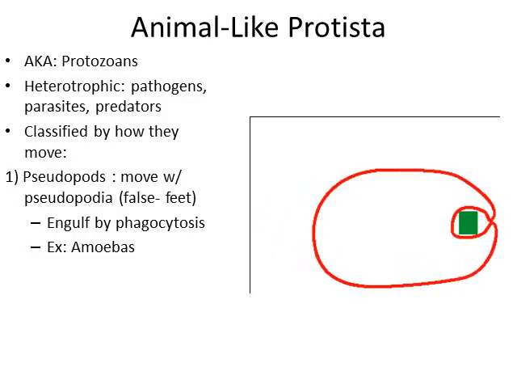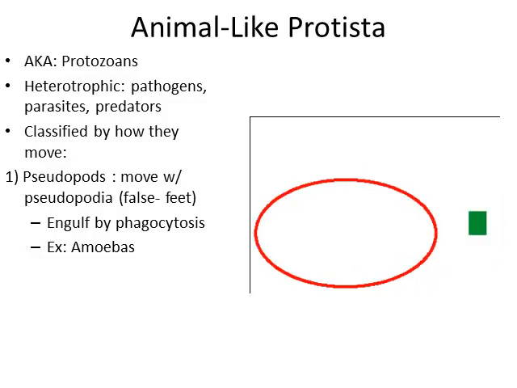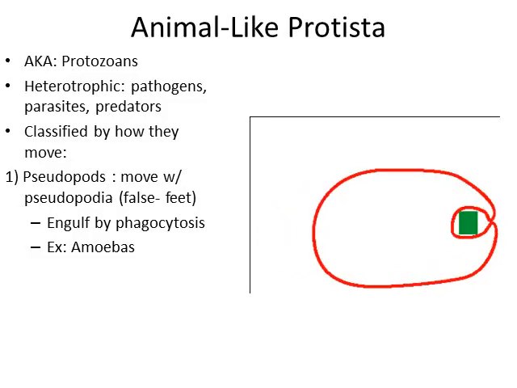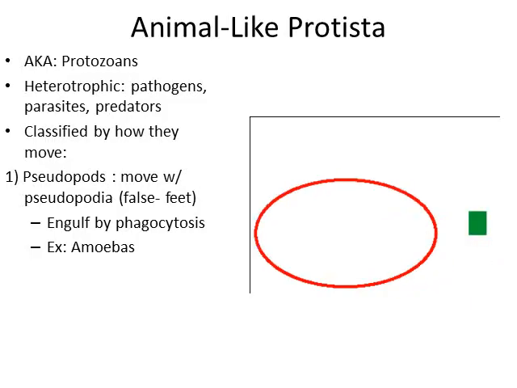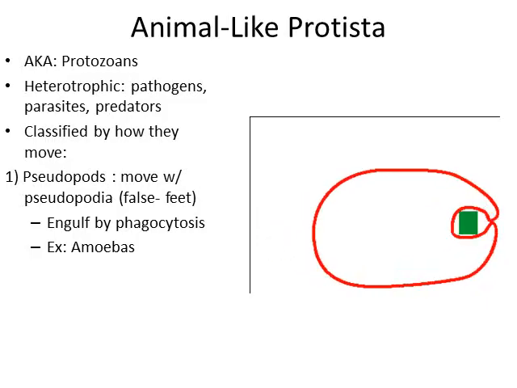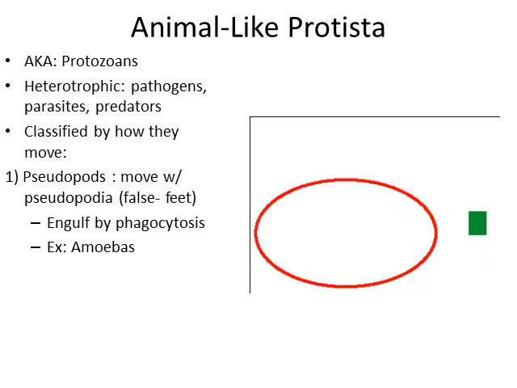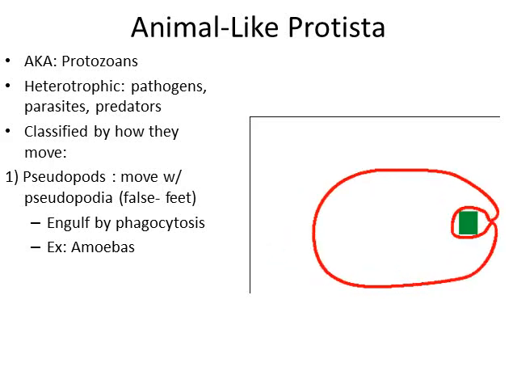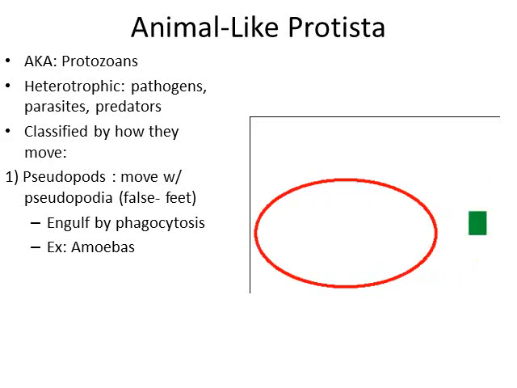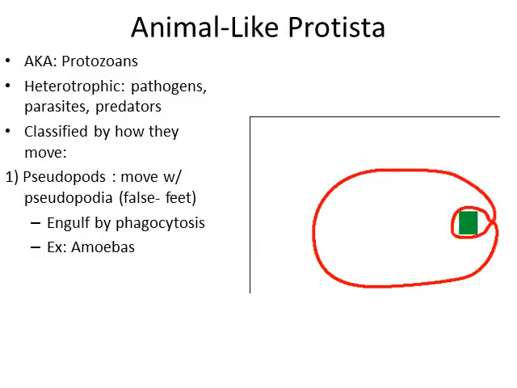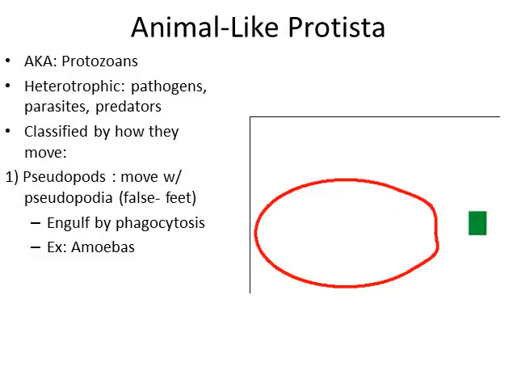How they feed is by simply phagocytosis. Here we have a fairly simplistic animation of a cell swallowing a green square. And so this is an example of phagocytosis. Amoebas just kind of look like blobs of cytoplasm, and so they just slowly surround their victim, their prey.